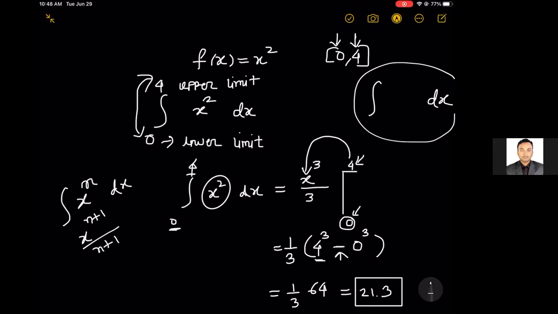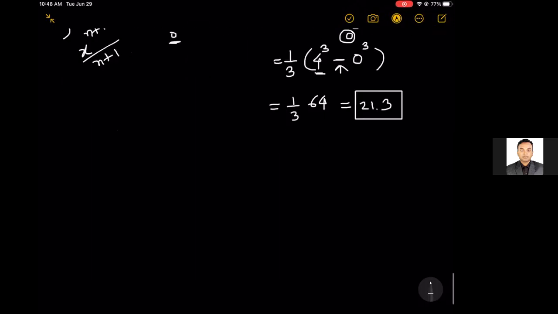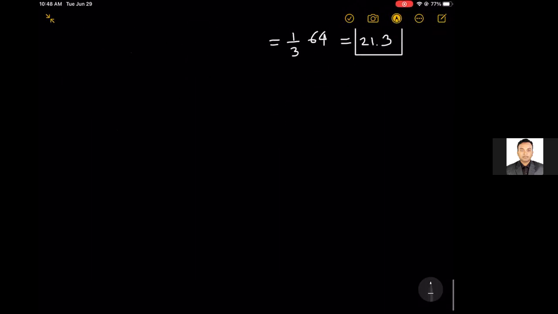Let me show you one more example and hopefully it will make more sense, right? Yeah, let's try this one. F of x equals to, let's say, 3x squared plus 2x plus 1.